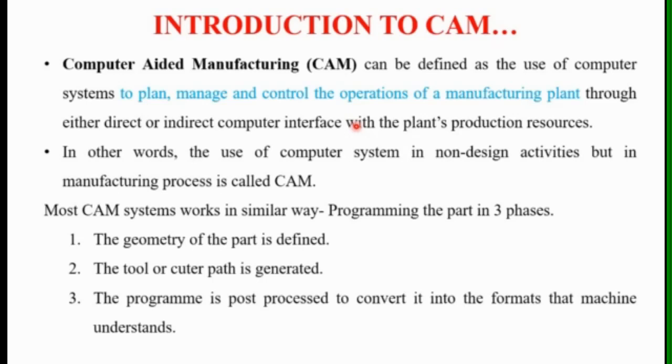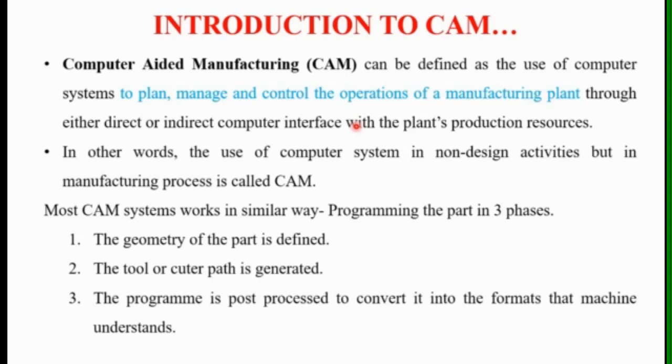Also we can say CAD features on the design of a product or part, and CAD helps to define how the product looks or how it functions. But CAM focuses on how to make it, or manufacture it.